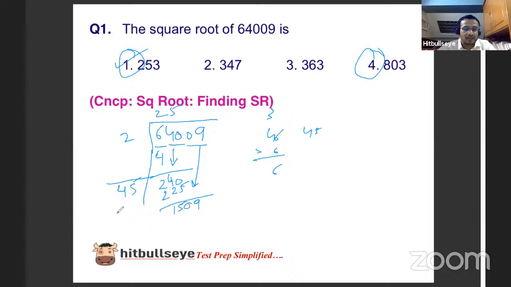Now, same thing. I'll add the number which I wrote over here to itself, 50. Now, the next figure I can see is 9. So I write down 3 here and 3 here, 1509. And that gives me my perfect square root, 253. The first option is the right answer.